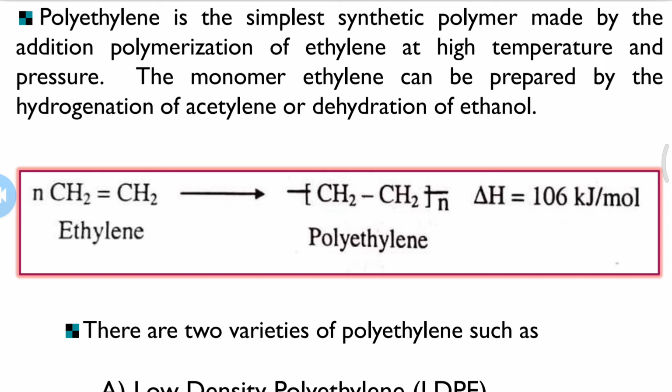These ethylene monomers polymerize, CH2 double bond CH2 in the presence of H2O2 initiator at a high temperature of 200 degree centigrade, to form CH2 CH2 n times.